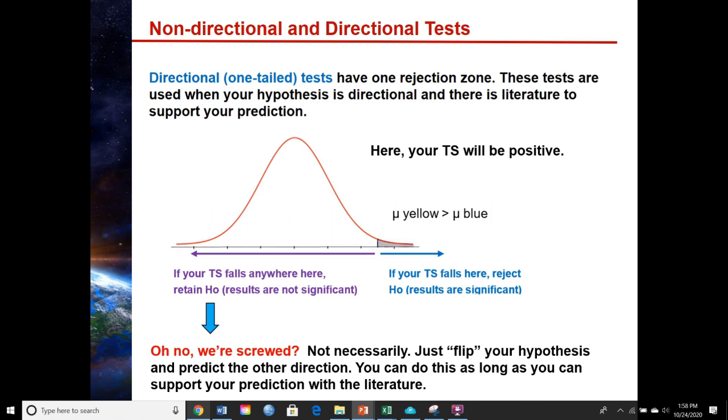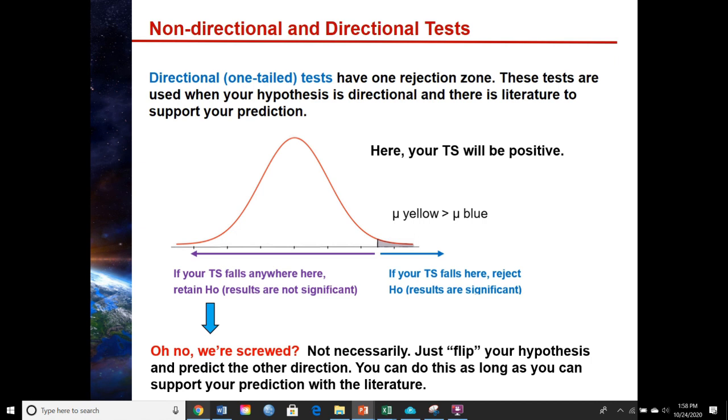Let's just say that I want to test whether alcohol is going to decrease test scores. So what I do is I have two groups. I have one group that's given a drink that smells like, looks like, tastes like alcohol, but it really isn't. And we'll call that the placebo group.